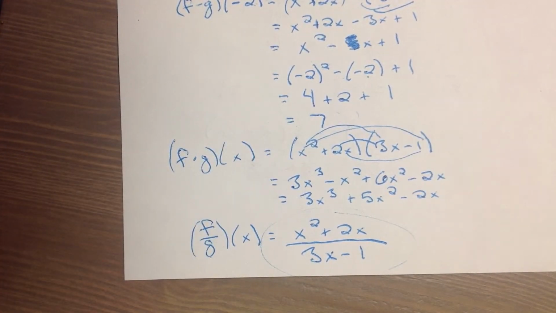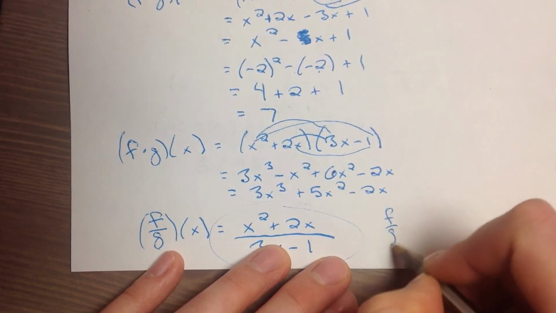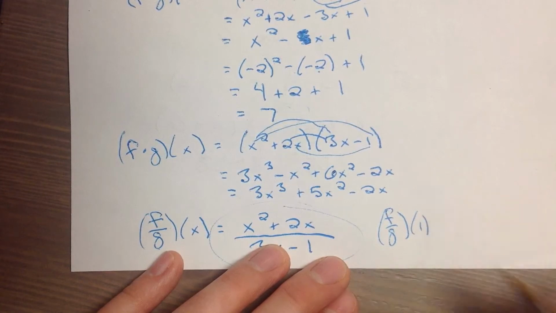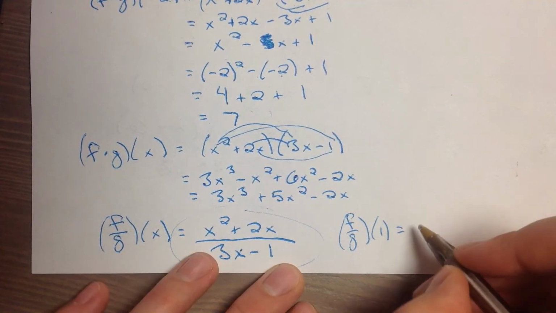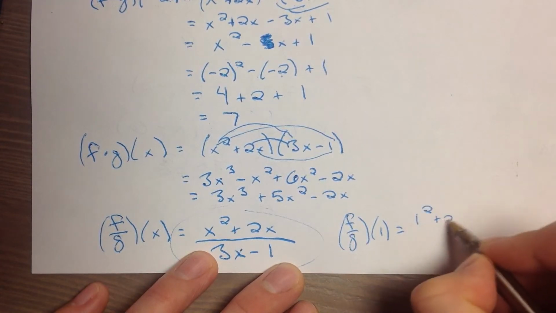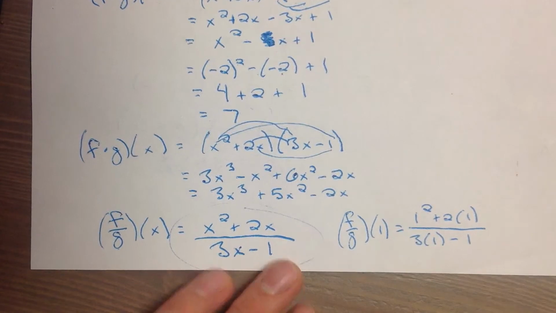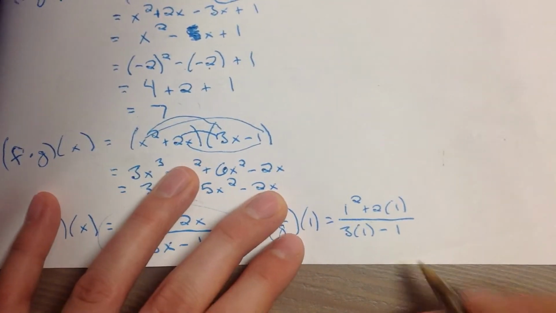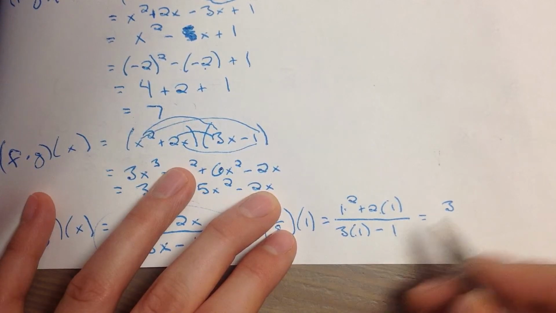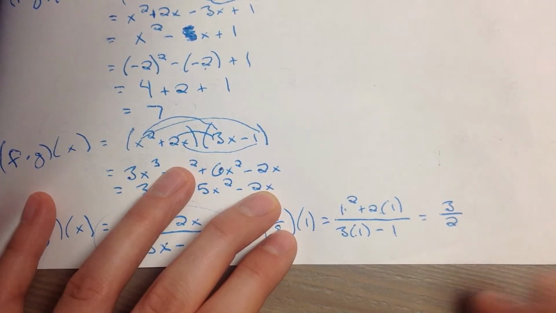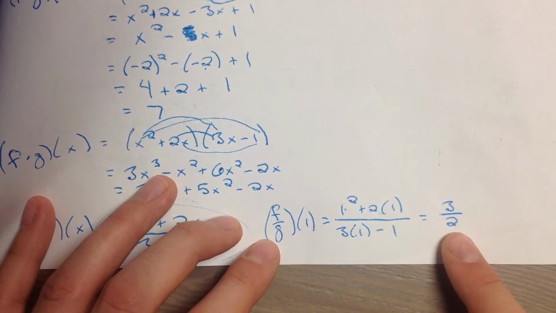So say instead of evaluating at x, we want to figure out what f divided by g is at 1. Then we would just stick 1 in for our x values and get 1 squared plus 2 times 1, all over 3 times 1 minus 1. 1 plus 2 gives me 3. 3 minus 1 gives me 2. And so f divided by g evaluated at 1 would be 3/2.